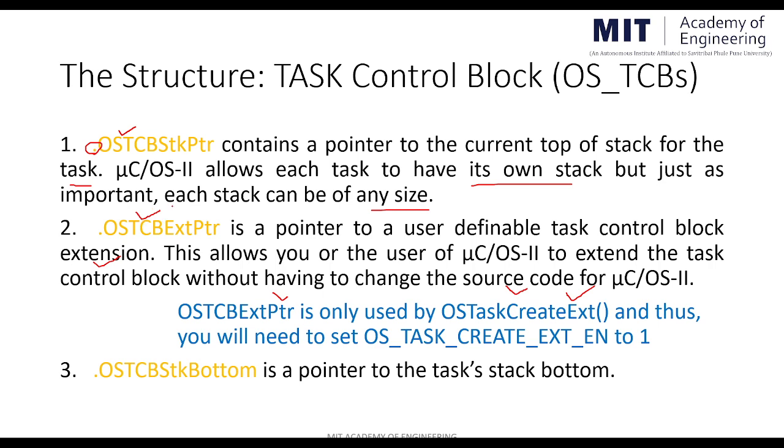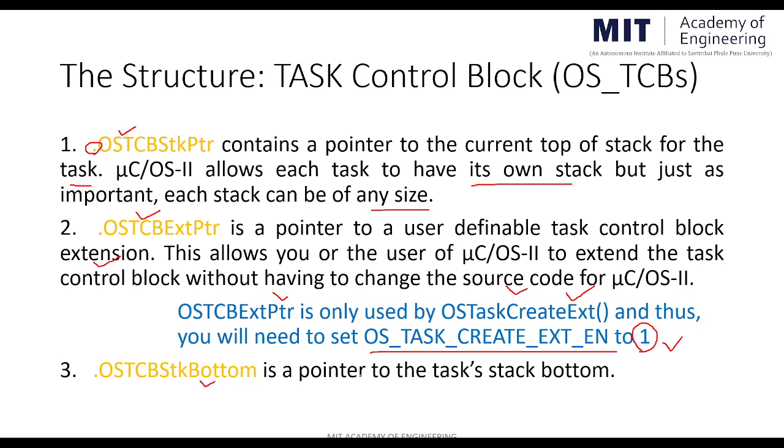So this variable holds that information, and we have to set OS_TASK_CREATE_EXT_EN as 1 whenever we want to give an extension to the task. This is present in the os_cfg.h configuration file. All these configurations are present in that file. I will create one more video only for the configuration file, where we will see all the details about the configurations.